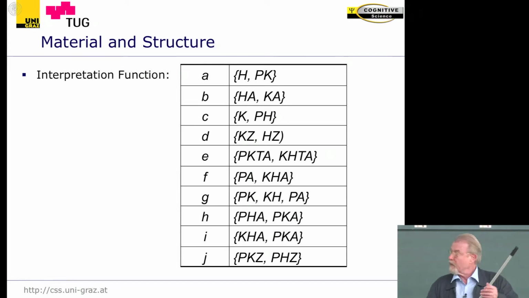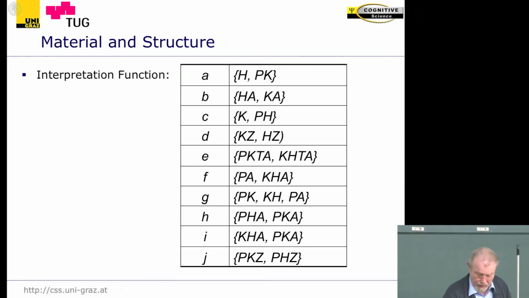So this is an abbreviation. So you either have to have this competence state or that competence state in order to solve this problem. That's what you have to know in order to interpret correctly this example of an interpretation function.